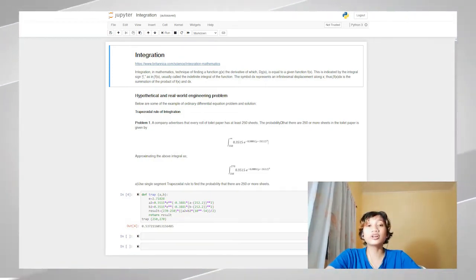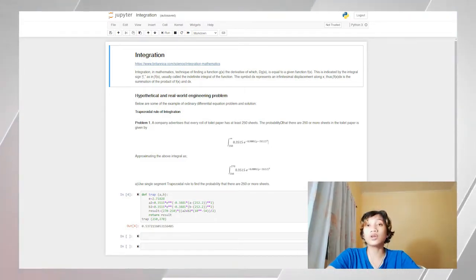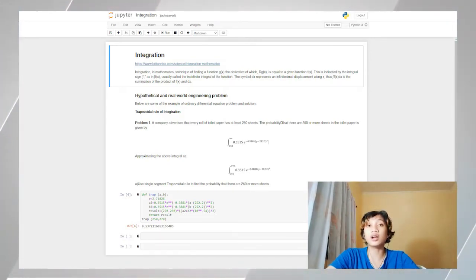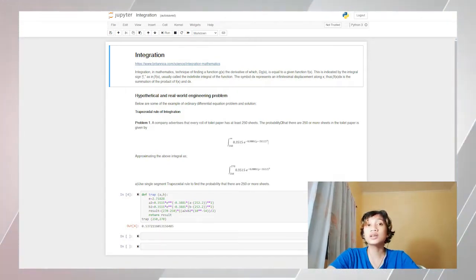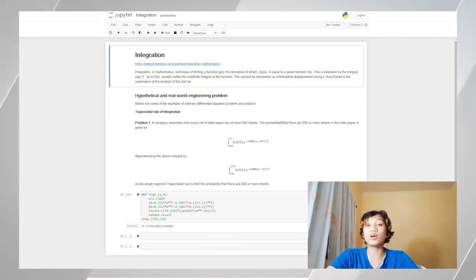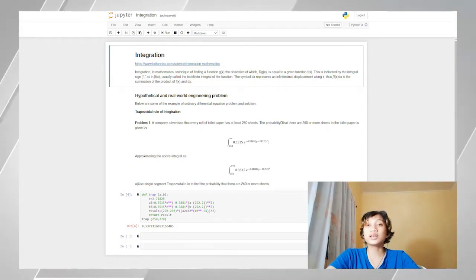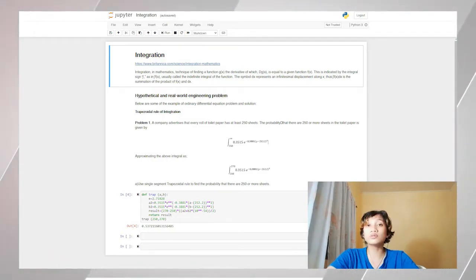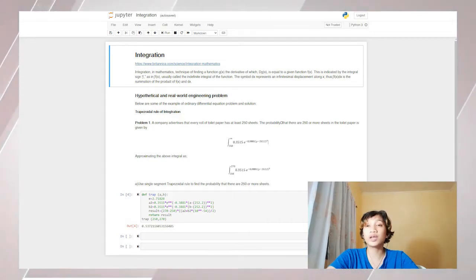Under integration, there are several topics, and we chose the trapezoidal rule of integration. So here's the problem. A company advertises that every roll of toilet paper has at least 250 sheets. The probability that there are 250 or more sheets in the toilet paper is given by the integral from 250 to infinity of 0.3515e raised to negative 0.3881 times (y minus 252.2) squared.